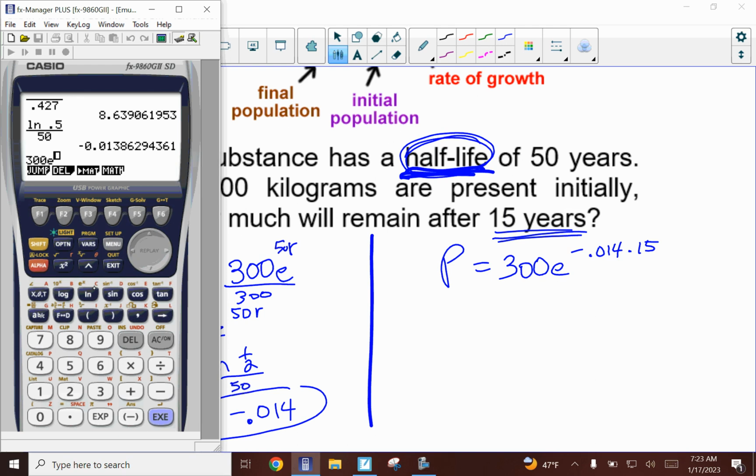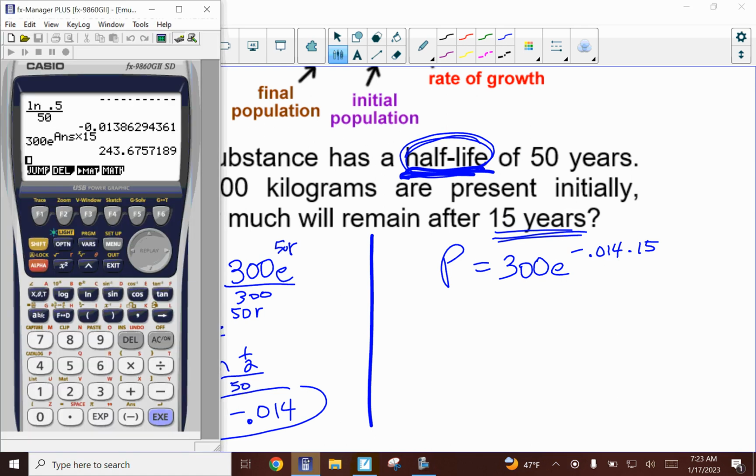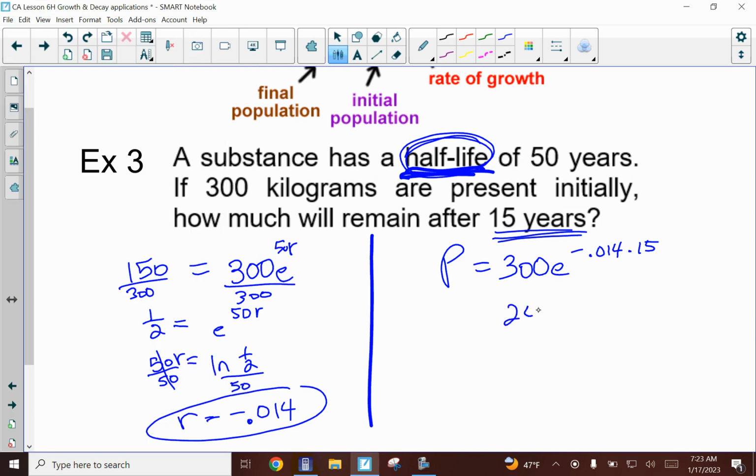So remember, I'm not going to put negative 0.014, I'm going to use the entire decimal, so I'm going to hit shift negative, and then times 15. So that's how much, what do we have here? How much substance we have left. 243.676.